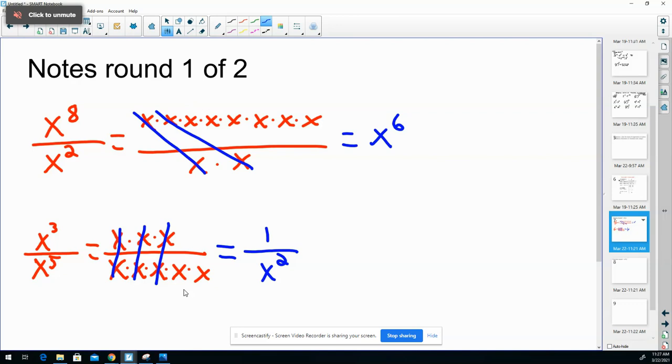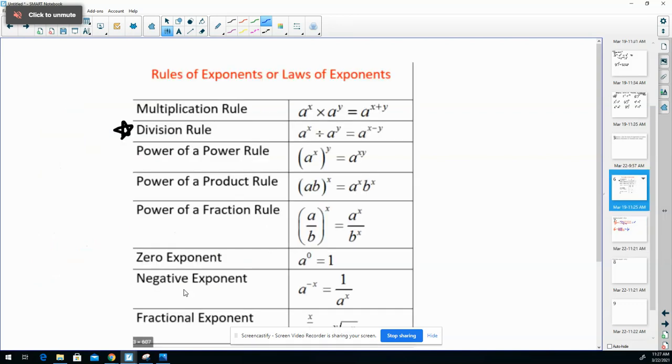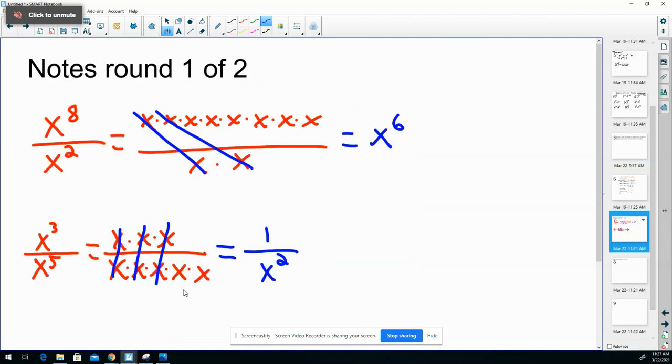Okay, so we have our division rule: a to the x divided by a to the y is a to the x minus y. All right, so you want to subtract your exponents.